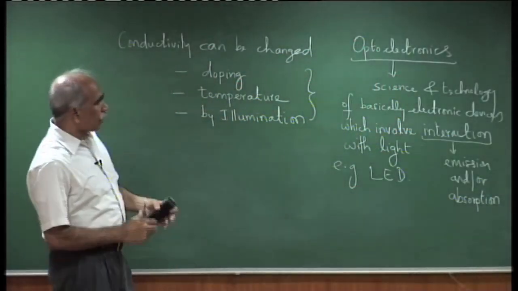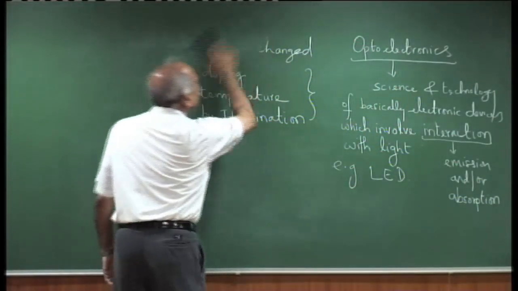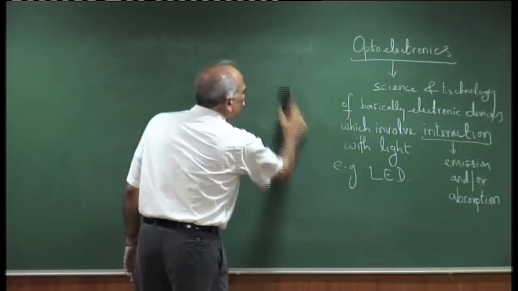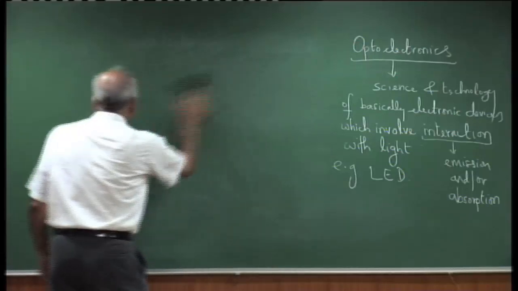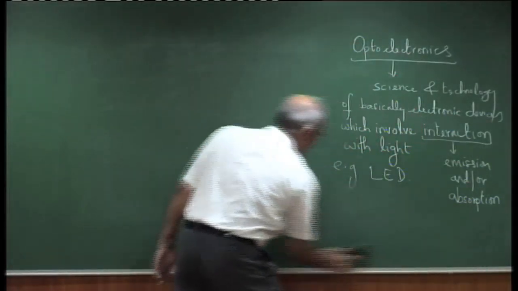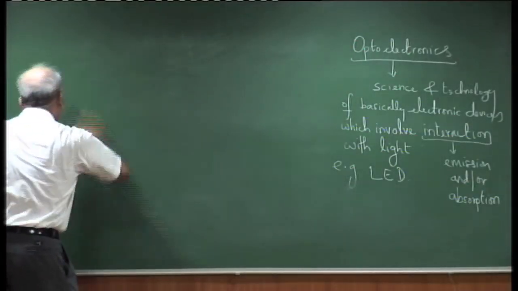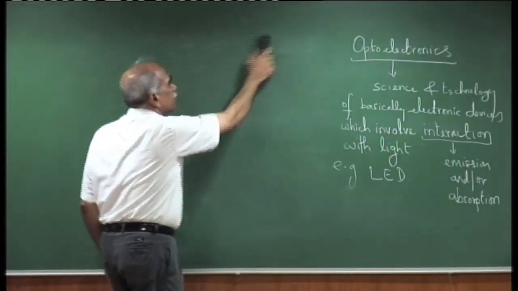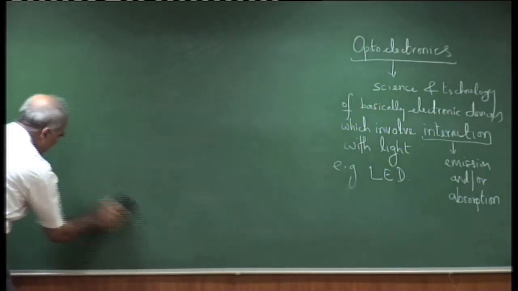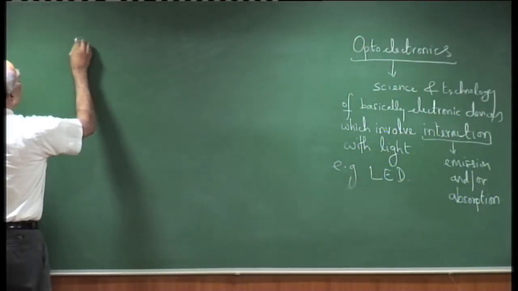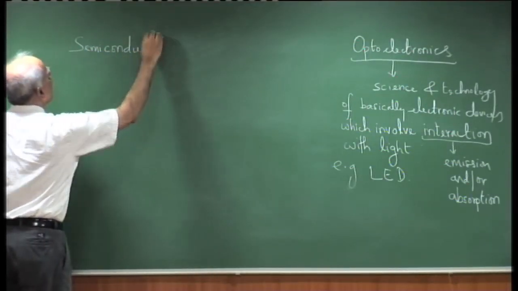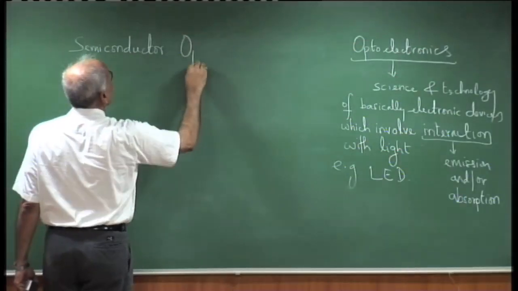So semiconductor optoelectronics therefore deals with semiconductor electronic devices which involve interaction with light, or emission or absorption of light. So that is semiconductor optoelectronics.